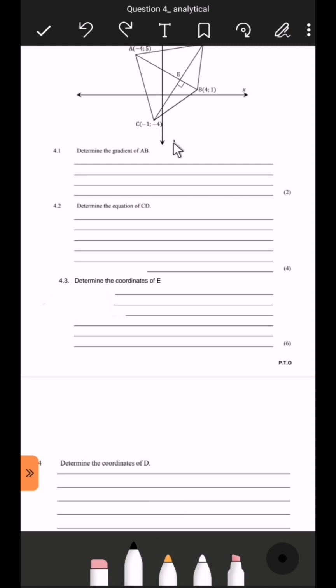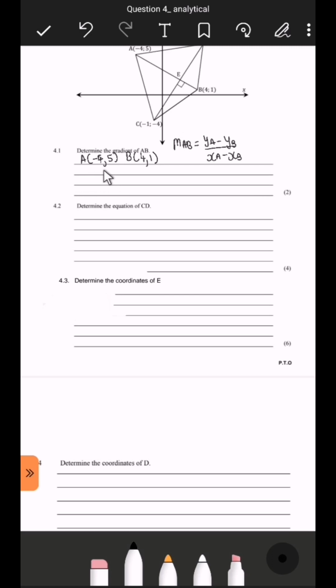Gradient of AB is y of A minus y of B divided by x of A minus x of B. I'm going to write down the coordinates we are working with, which is A, (-4, 5), and then B, (4, 1).